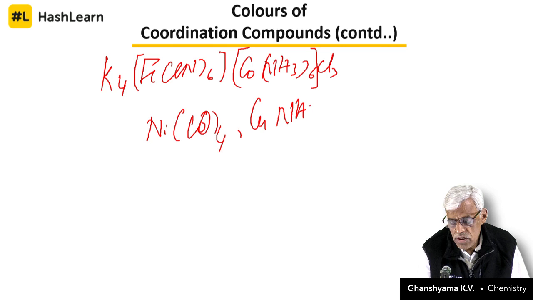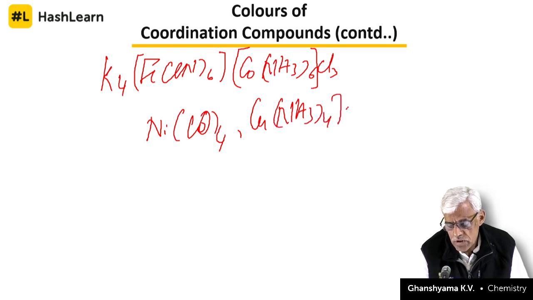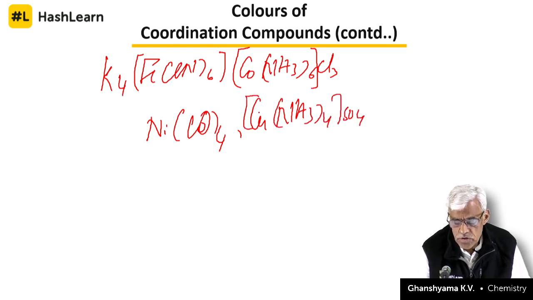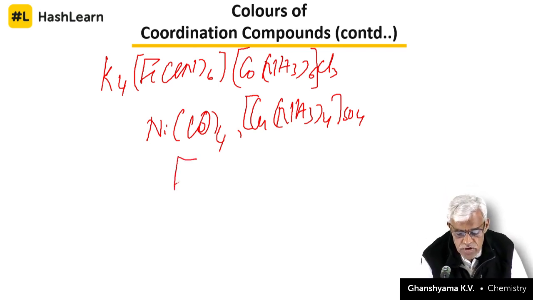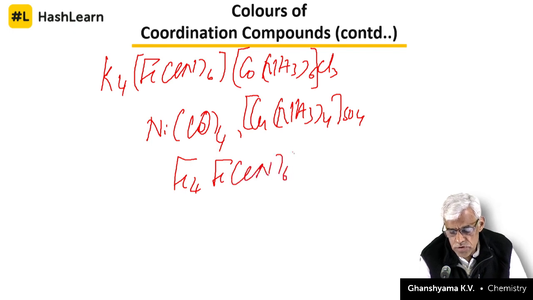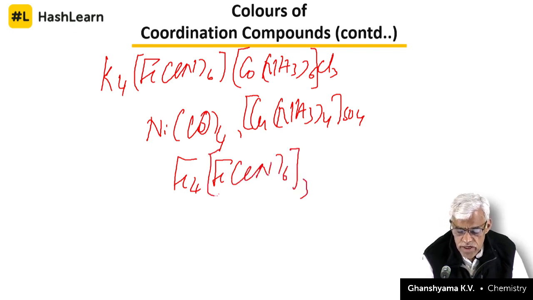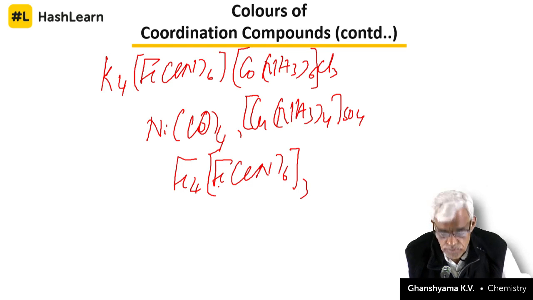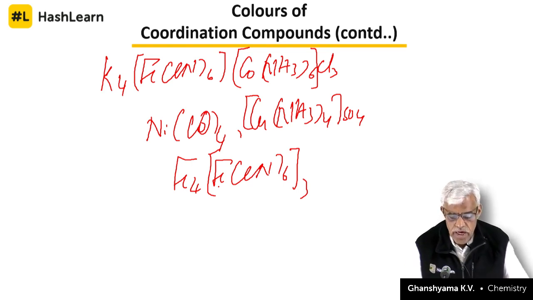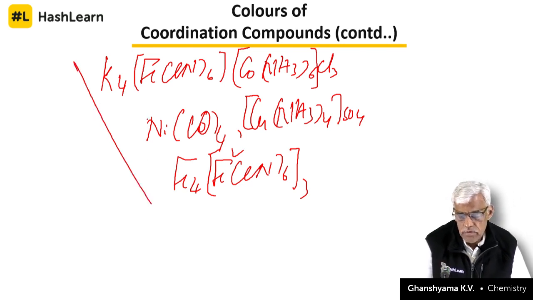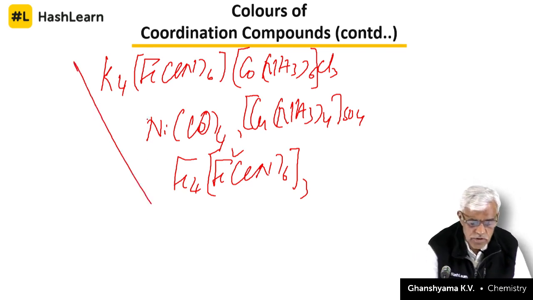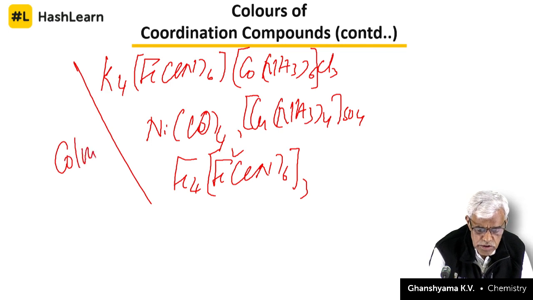[Cu(NH3)4]SO4. Cu is a transition metal. Fe4[Fe(CN)6]3, ferric ferrocyanide, Prussian blue, is iron, a transition metal, and you know that here and there may be exceptions, they are all colored.